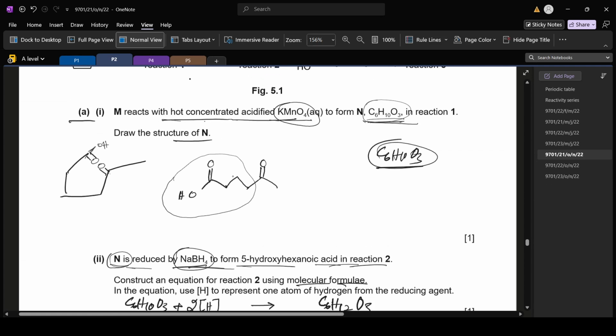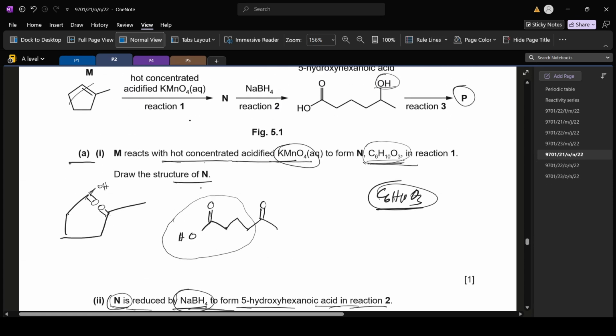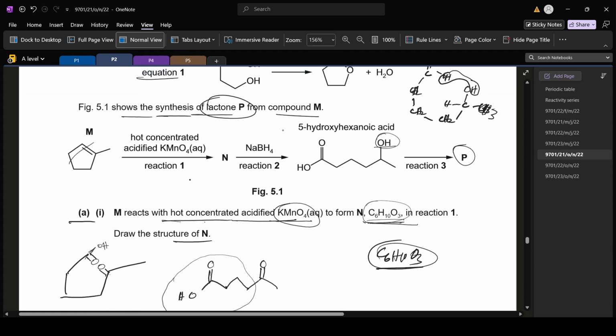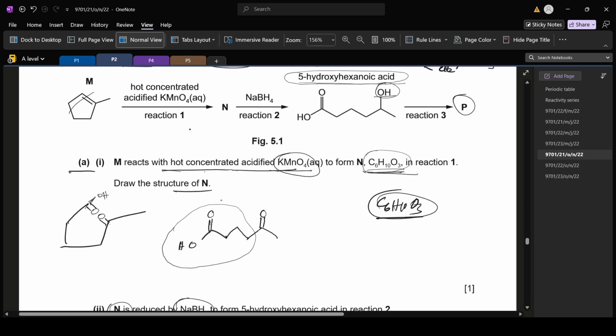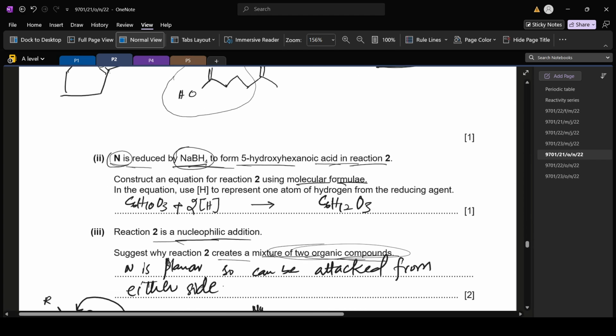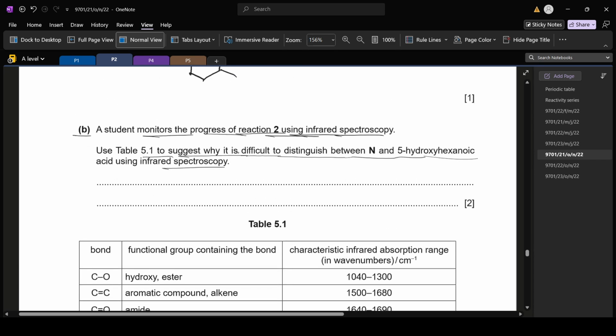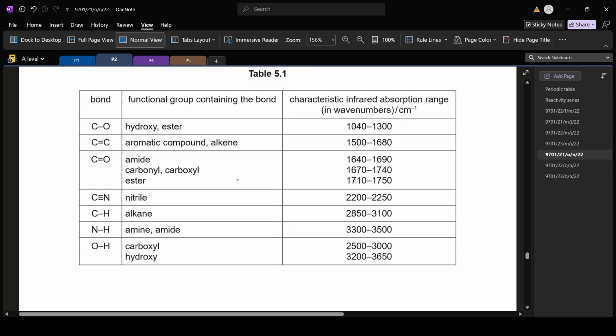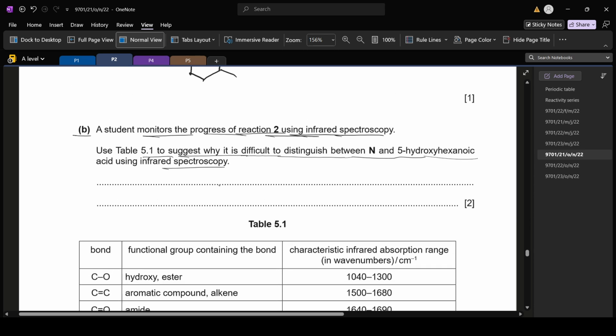So this is your N and this is your 5-hydroxyhexanoic acid. You can see that they have similar groups attached. This is the carboxylic group attached over here, and this is a carboxylic group attached over here. So they will give the same peak.